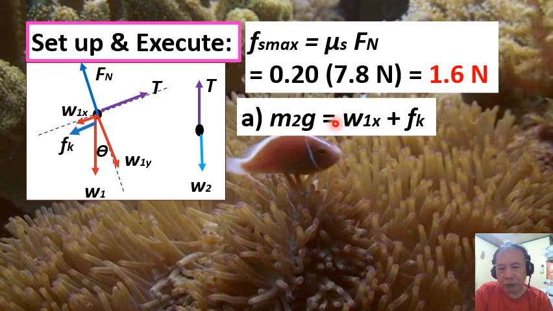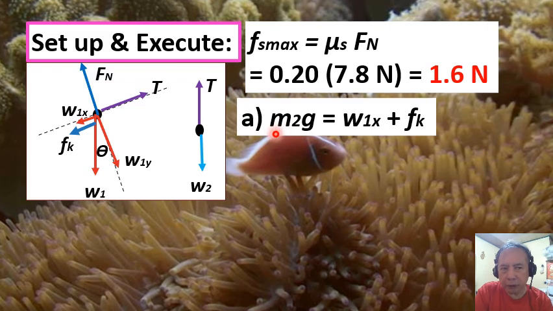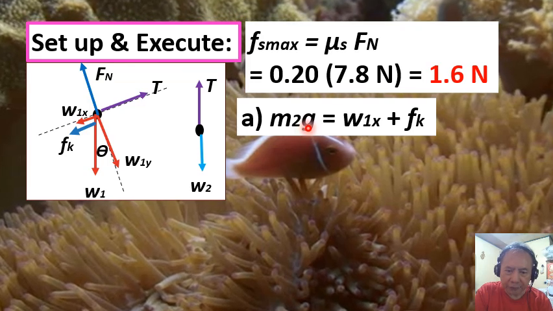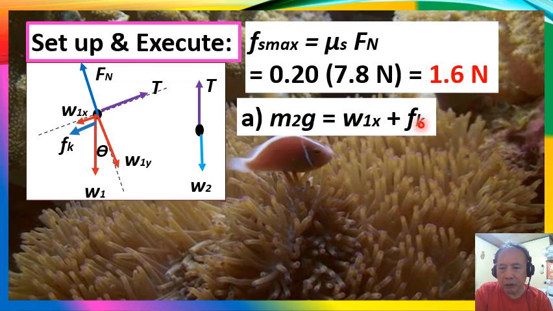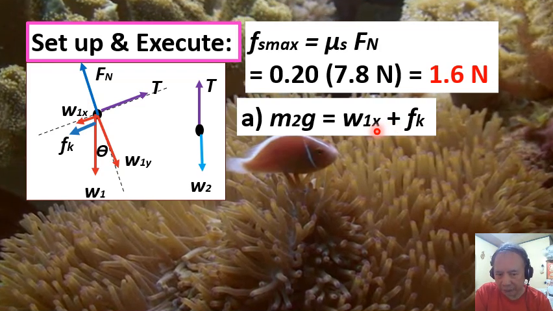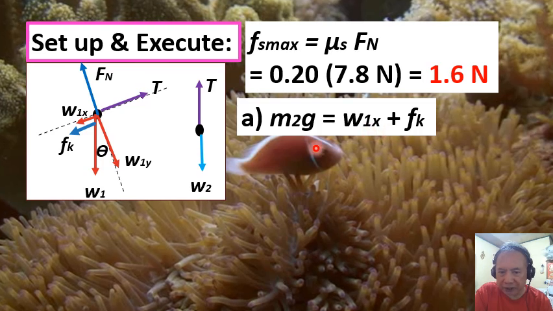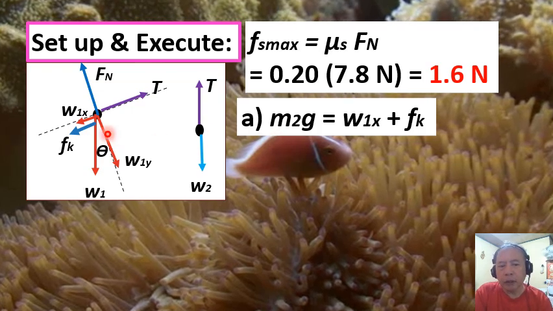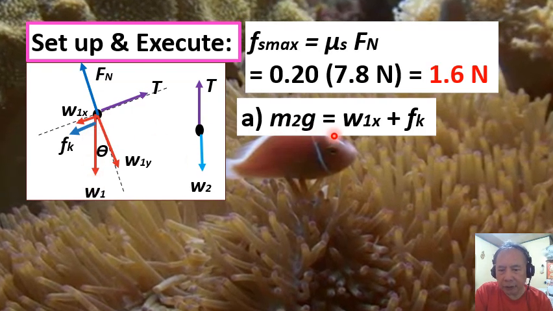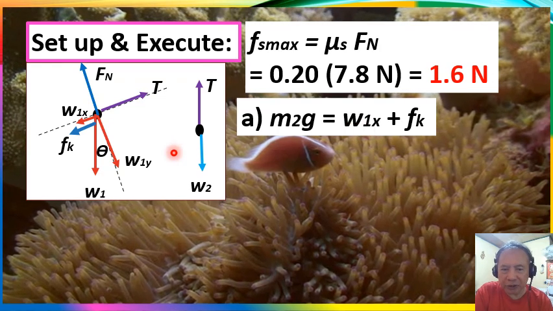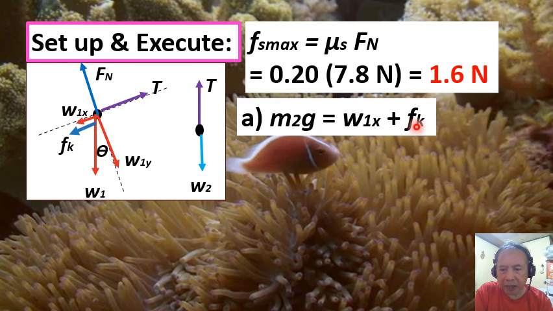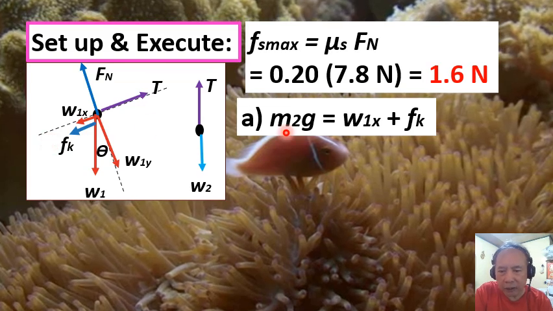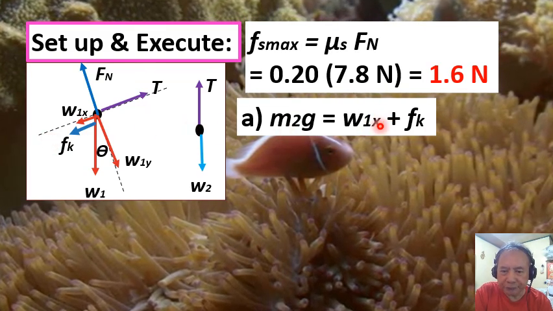So our equation becomes weight number 2, or expressed in terms of its mass, M2 times g, will be equal to the sum of the two opposing forces acting on block number 1, which are the x component of the weight W1, labeled here as W sub 1x, whose direction is down the incline, plus the force of kinetic friction Fk, whose direction is also down the incline, always opposing the direction of the motion.